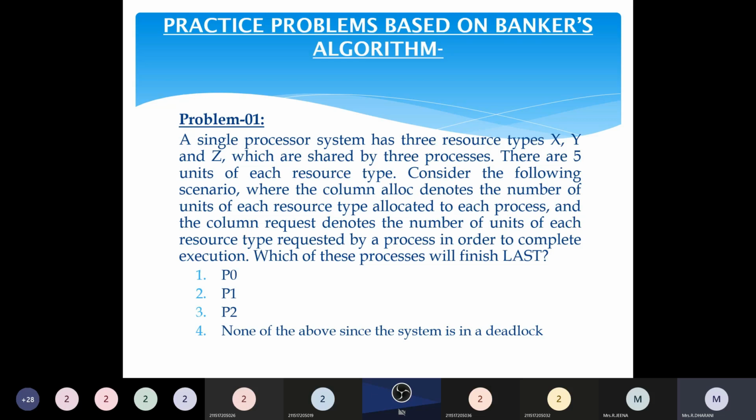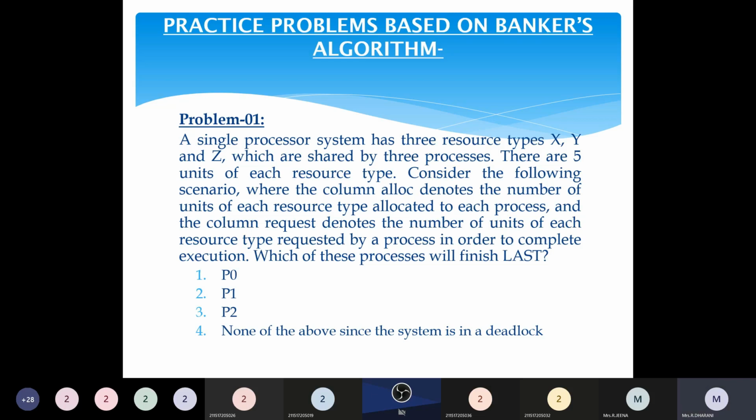The first problem here is: a single processor system has three resource types X, Y, and Z, which are shared by three processes. So there are three resource types X, Y, and Z, shared by three processes.